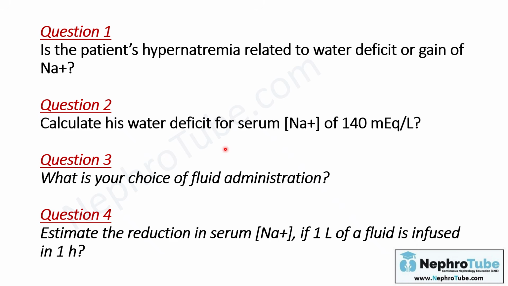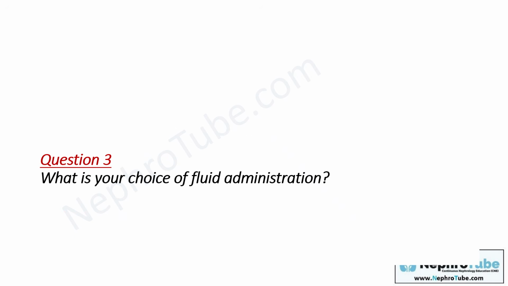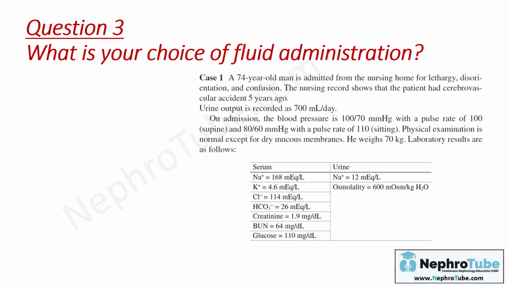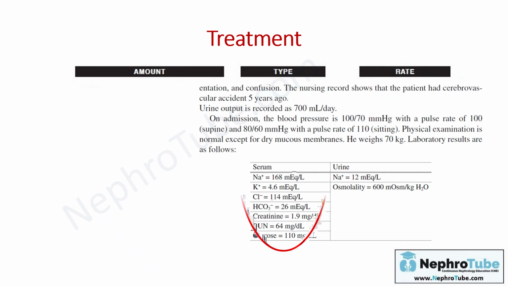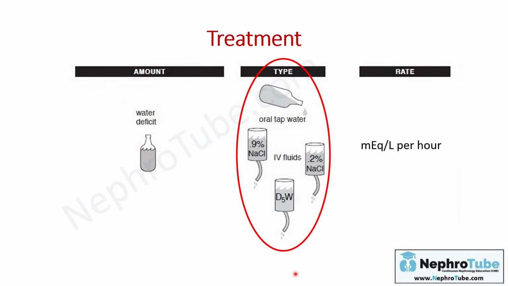Now we calculated the water deficit. Now we have to choose the fluid of administration. This is our patient. We have now to choose the type. We can replace the water deficit by oral tap water. We have multiple infusions, IV fluids.